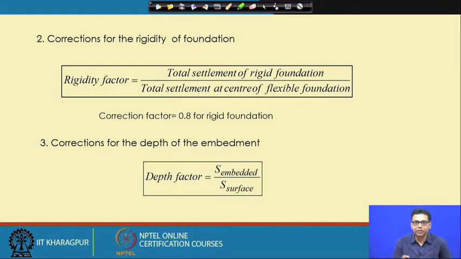When we calculate the influence factor in the table, you will find that the influence factor of the rigid foundation is around 0.8 times the influence factor at the center of the flexible foundation. So, in the rigidity correction, we take 0.8.